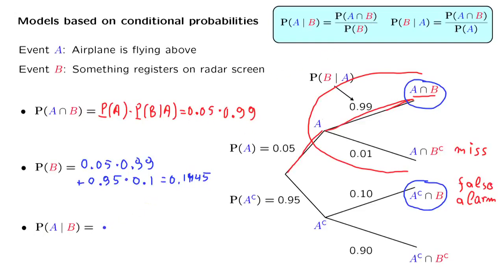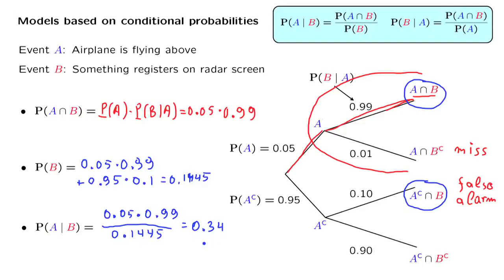So the numerator is this number, 0.05 times 0.99, and the denominator is 0.1445, and we can use our calculators to see that the answer is approximately 0.34. So there is a 34% probability that an airplane is there, given that the radar has seen or thinks that it sees something.